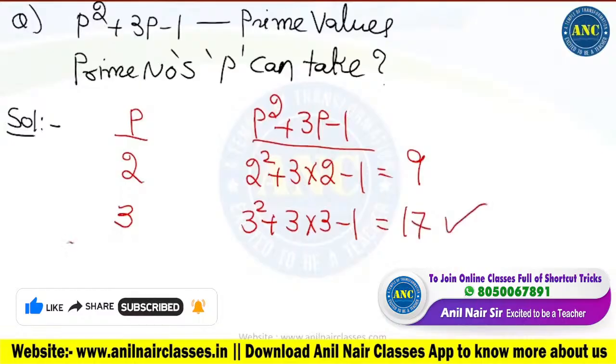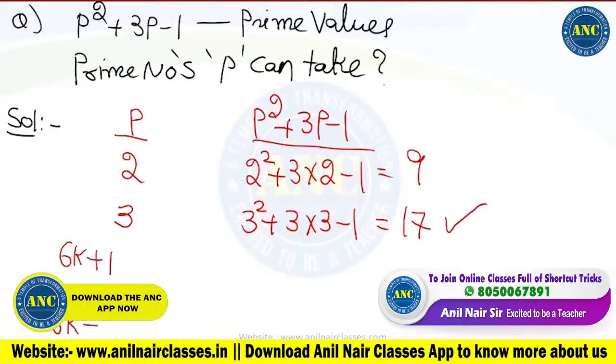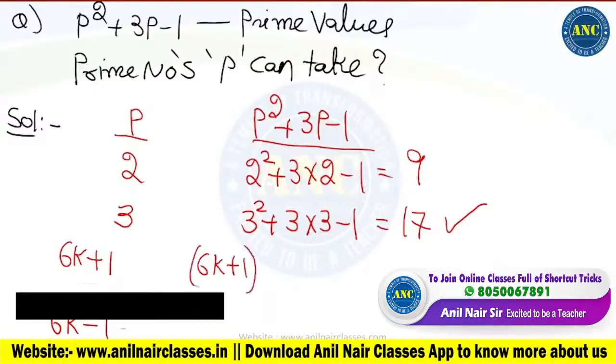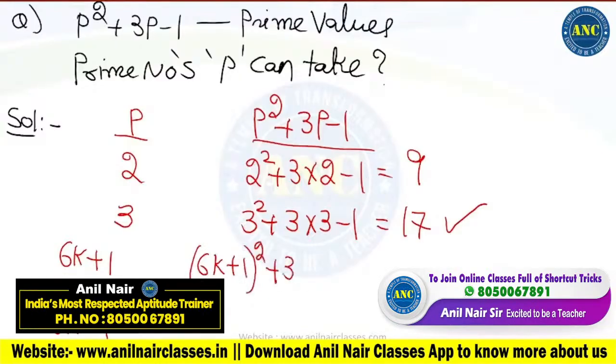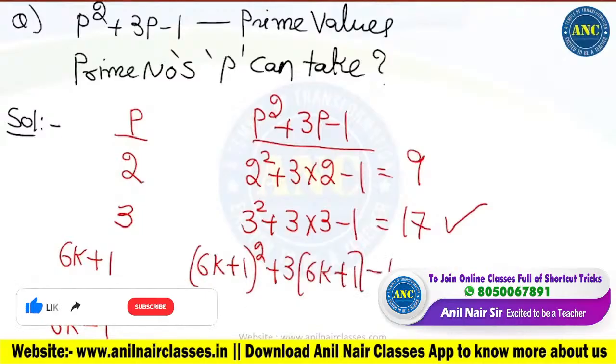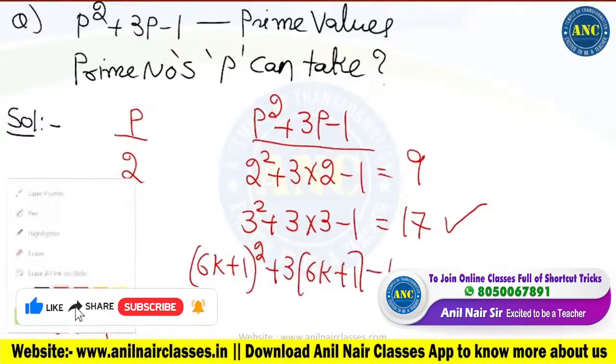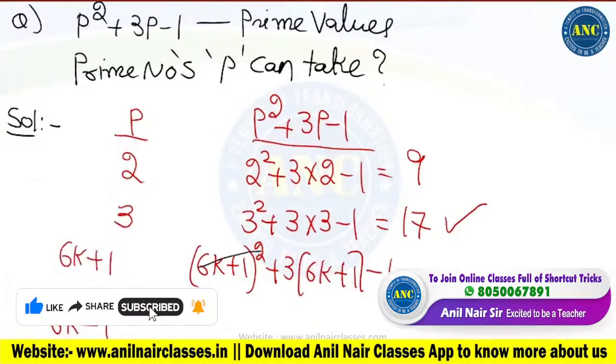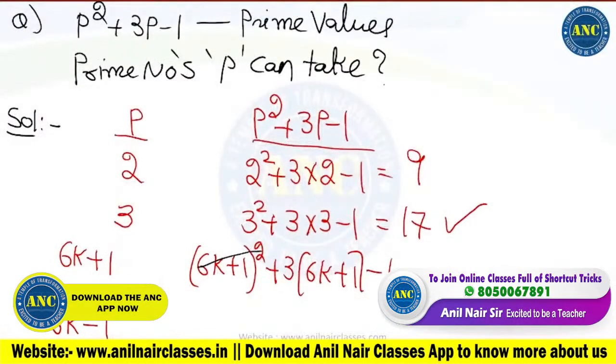Any prime number greater than 3 is 6k plus 1 or 6k minus 1. If I substitute, it is 6k plus 1 whole square plus 3 into 6k plus 1 minus 1. 6k whole square, 36k square, is divisible by 3. 2 into 6k, 12k, is divisible by 3. 18k is divisible by 3. 3 is divisible by 3. 1 minus 1 is 0.